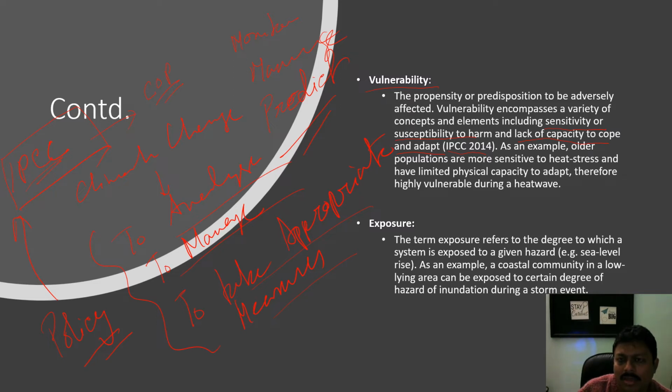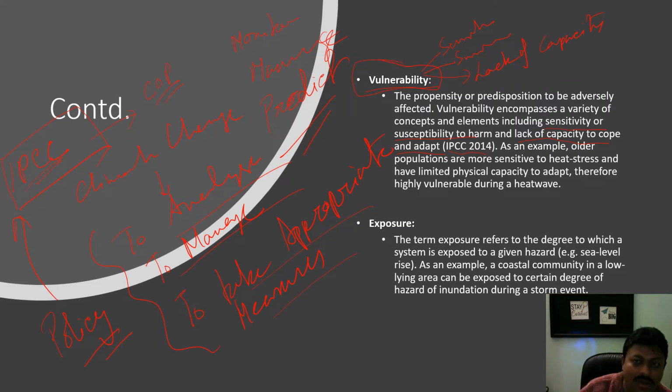That means how sensitive a location is, how susceptible a location is to an extreme event, a harmful, hazardous event, and also the lack of capacity to cope with the event, to mitigate the impact of the event, to adapt to the event, which is also known as the lack of adaptability, comes under the vulnerability of that area.